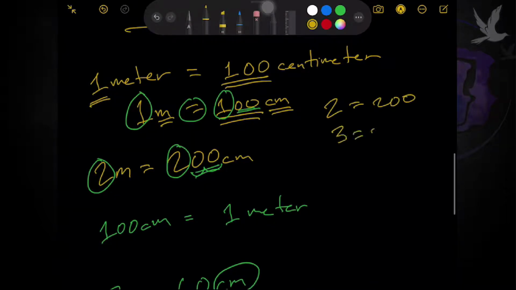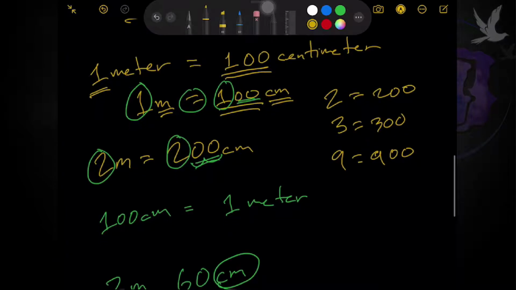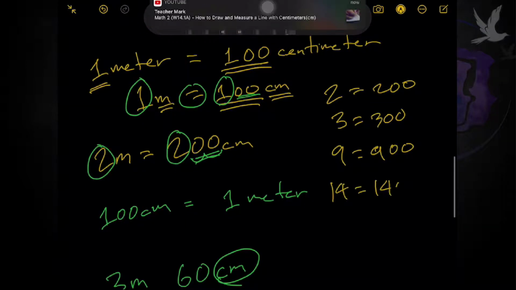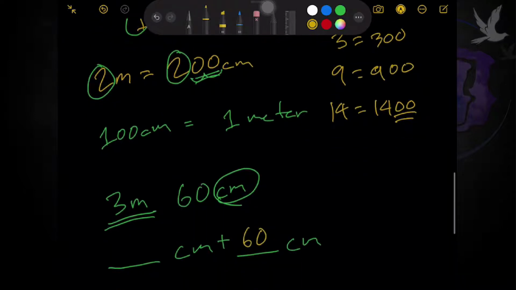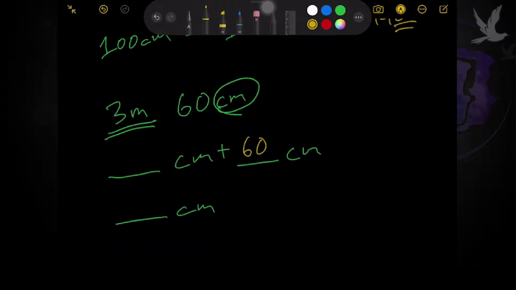For 3, it's 300. For 9, it's 900. For 14, it's 14, then 100, technically. But in our case, in the Philippines, we read it as 1,400. Okay? So, ibig sabihin, this 3 meters is equivalent to 300 centimeters.